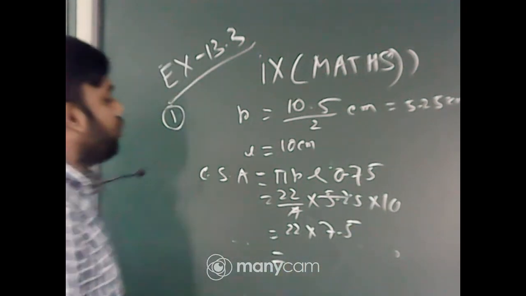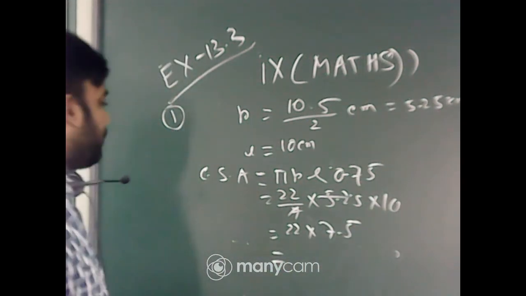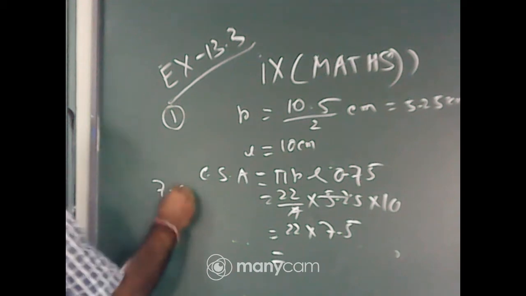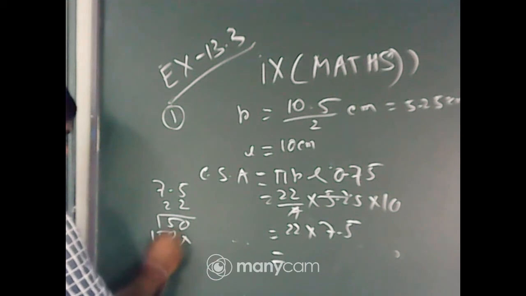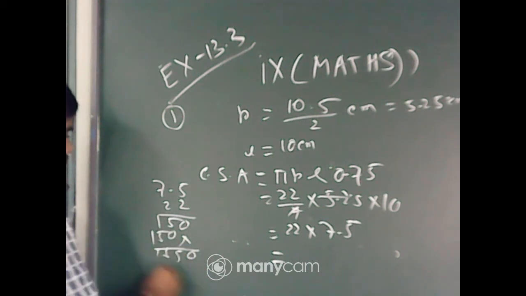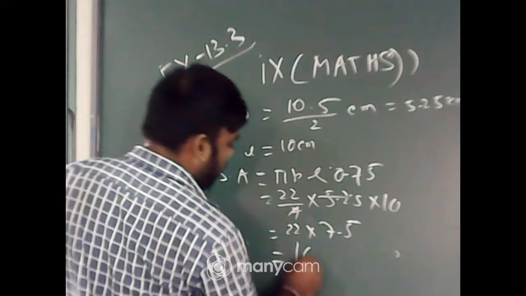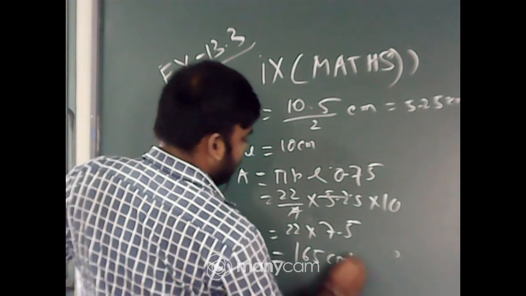22 into 7.5, that will be 22 into 7.25, which gives 165 centimeter square.